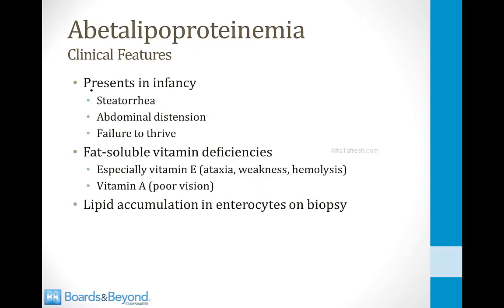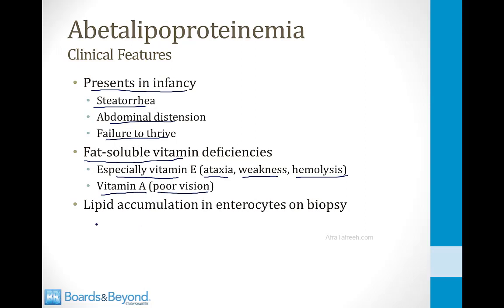The condition presents in infancy with steatorrhea, which is malabsorption of fat, also abdominal distension and failure to thrive. You can see deficiencies of fat-soluble vitamins. Deficiencies of vitamin E are particularly common. This can manifest as ataxia and weakness in the baby, and also hemolysis, which we'll talk about in the next slide. There are also sometimes deficiencies of vitamin A that occur, and this results in poor vision in the baby.